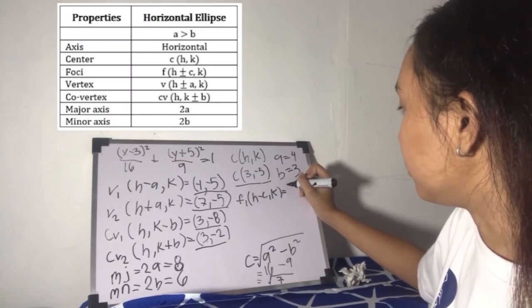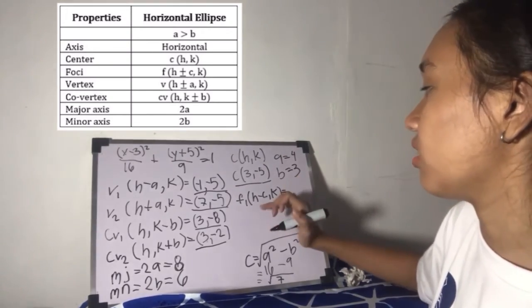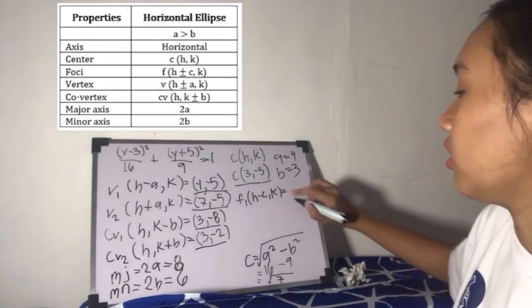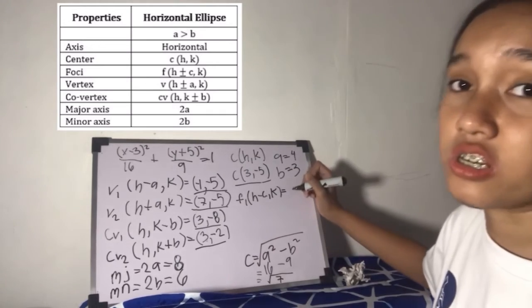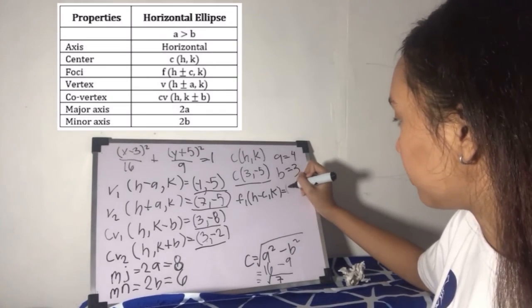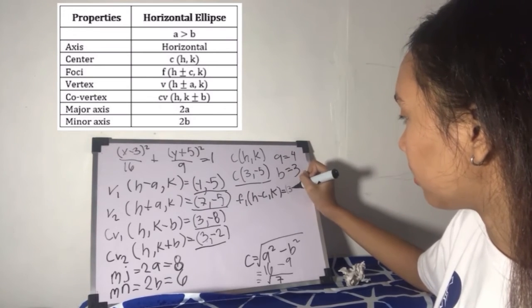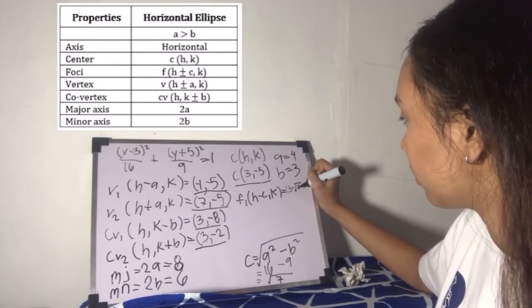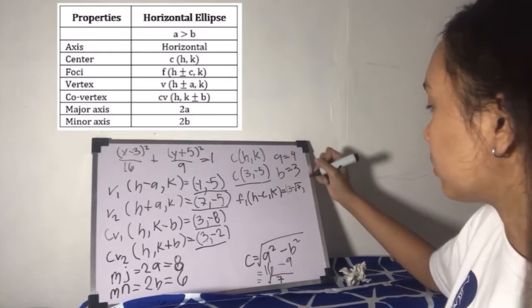Now that we have the c, we can find the first focus. Since we cannot subtract the 3 and the square root of 7, we're just going to write it. So it will be 3 minus the square root of 7 and the k, which is negative 5.